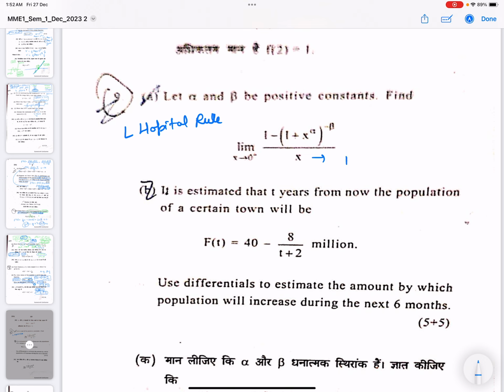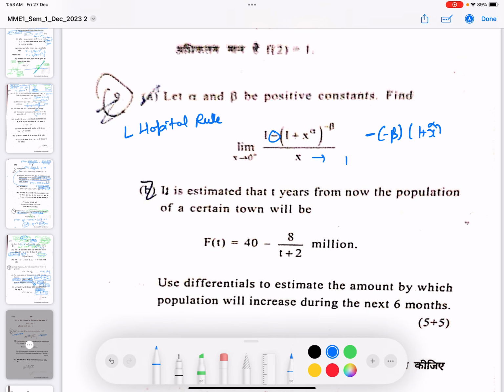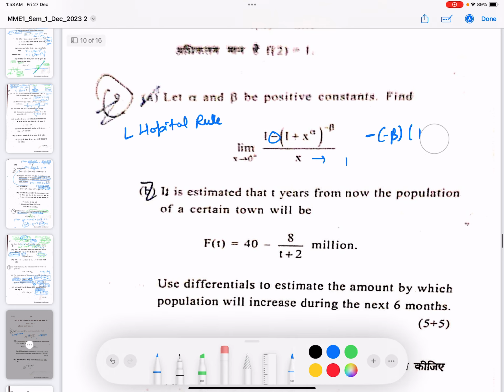The derivative of the numerator would be minus of, the minus sign is already there, into minus beta times 1 plus x to the power alpha minus beta minus 1 into alpha x to the power alpha minus 1, upon 1.